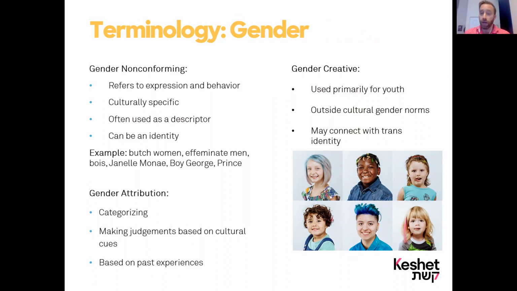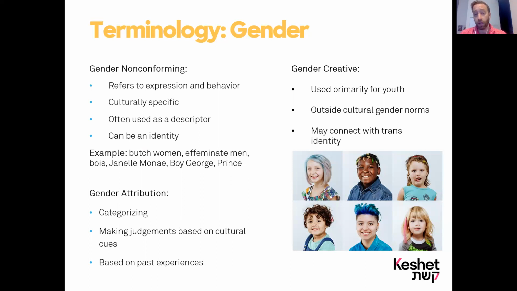Gender creative is a term used primarily for youth, young people, and it's really to talk about falling outside of traditional cultural gender norms, maybe in how you're expressing your gender or you're playing with your gender, toys and whatnot. The picture there might be of some young children who identify as gender creative. And it's important to recognize that it's very developmentally appropriate for young children to play with gender and try on different gender roles.